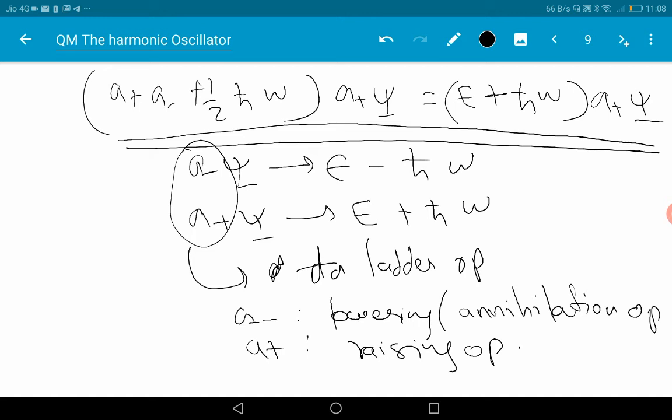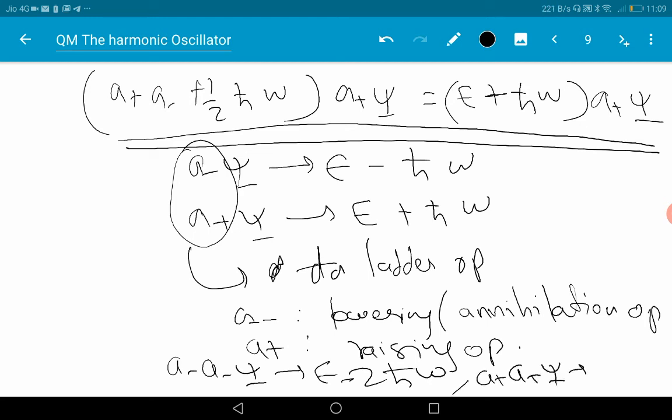If you apply a minus repeatedly, the energy goes down one step each time, so it would be E minus 2h cross omega, and similarly a plus twice will give E plus 2h cross omega. So this was all about ladder operators.